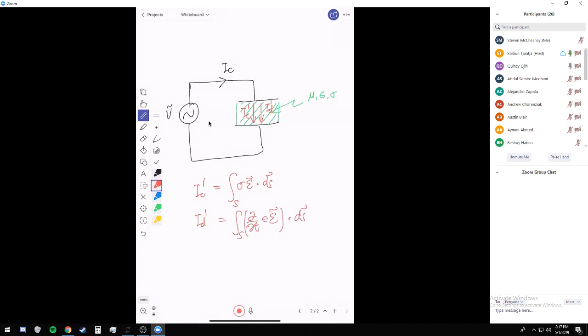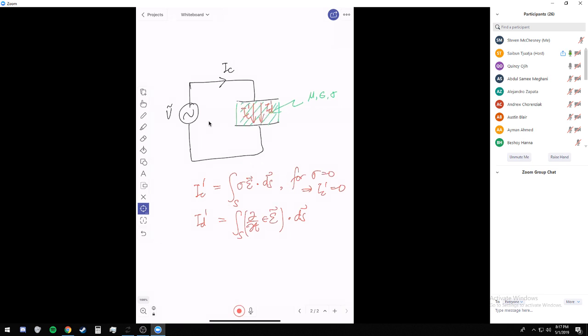You see that? Now for sigma equal to 0, IC prime is equal to 0, right? Any questions? So this one is the displacement current. This one is the conduction current through the material here.